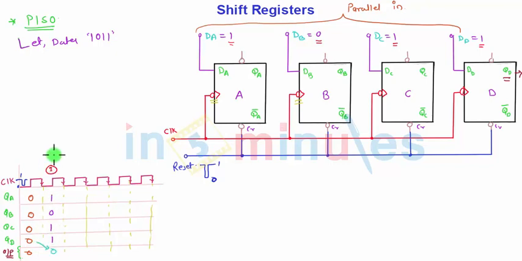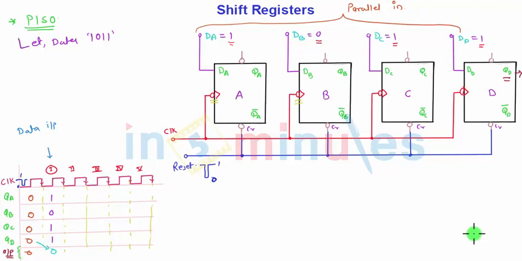Now data is parallelly in. So for this first clock cycle, it is data input and the output is 0. From the second clock cycle onwards, this is the second, third, fourth and fifth clock cycle, you cannot input the data since we have to take this 4-bit data outside.